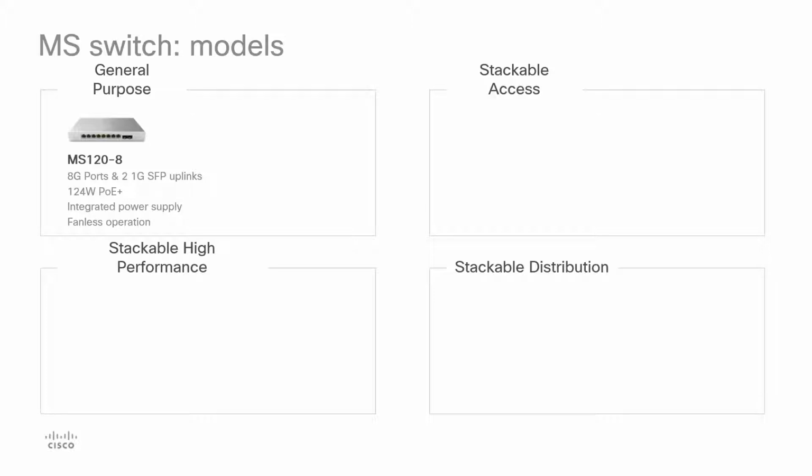It is also capable of delivering multiple ports PoE plus power with the integrated power supply. The MS120 is also available in a 1-rack unit form factor with a variety of switch port and power configurations available, as well as power redundancy through utilizing a Cisco RPS 2300 unit.